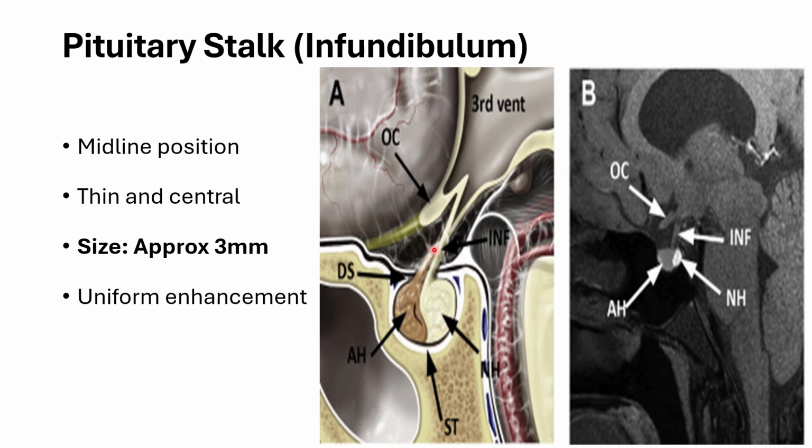Its thickness is 3 to 4 mm maximum. If it is more than that, then think of pathology, and it shows normal homogeneous enhancement in post contrast study. This is a representative MRI image, sagittal section. We can see the infundibulum connecting the hypothalamus with the pituitary gland, located centrally. So this is the infundibulum.